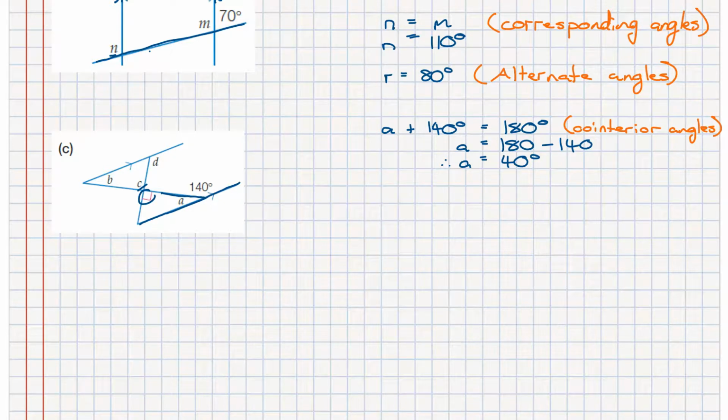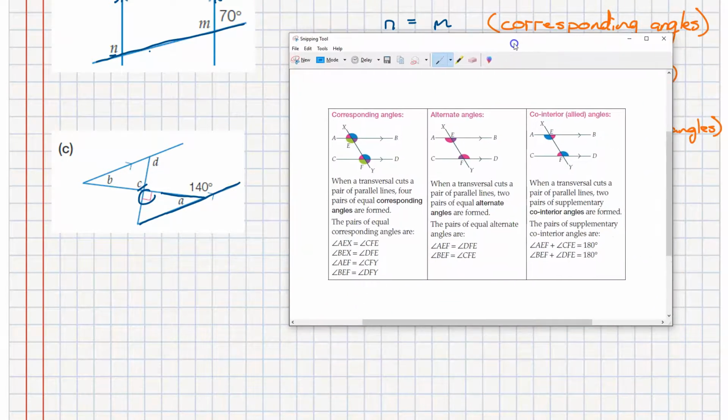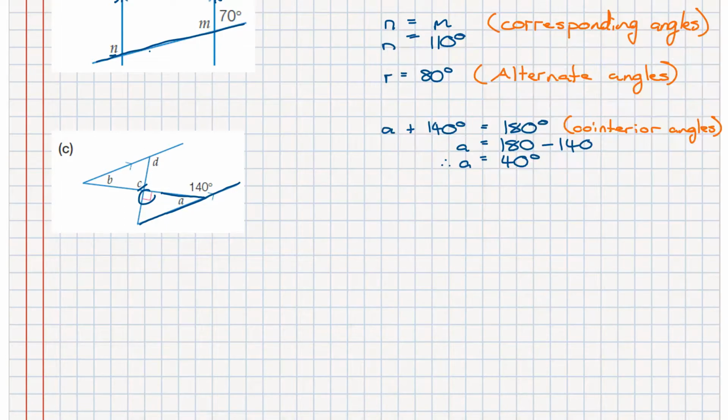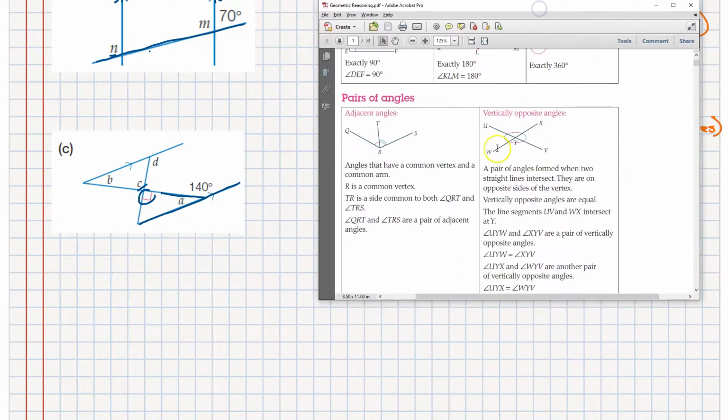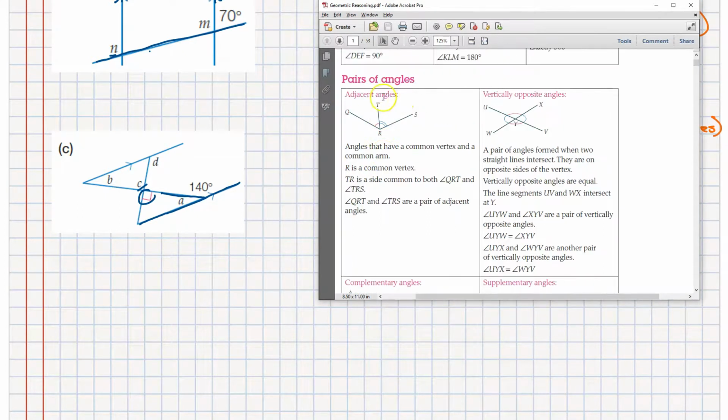Now next one we want to look at is C and this right angle. Now one of the proofs that I haven't shown you is the way in which we're going to solve for C, it's not going to be through these parallel lines, but rather it's going to be through something different. It's going to be through our pairs of angles. Now looking at this, the pairs of angles that we're interested in is the vertically opposite.